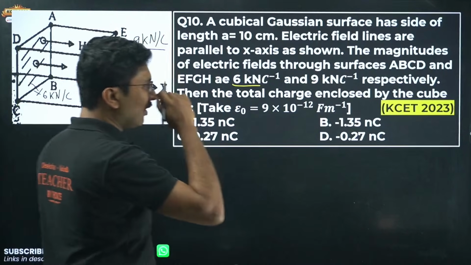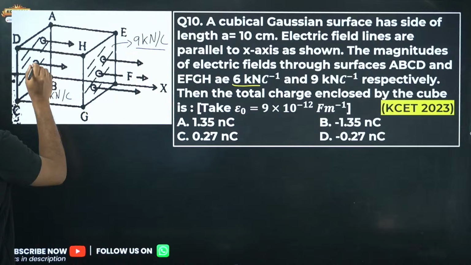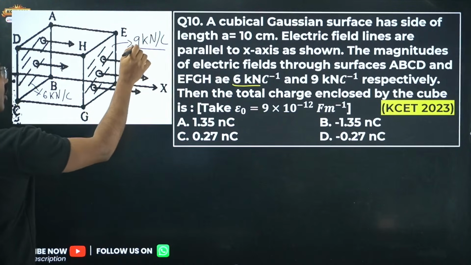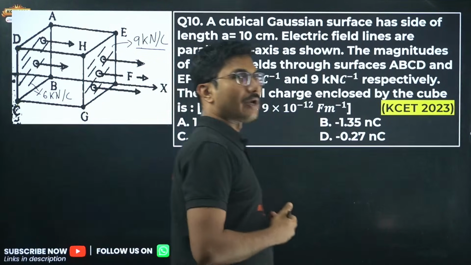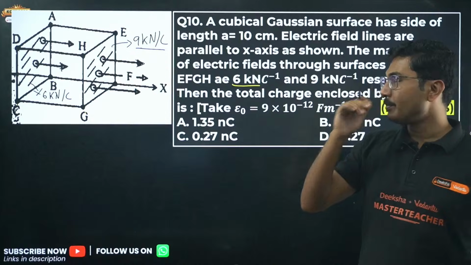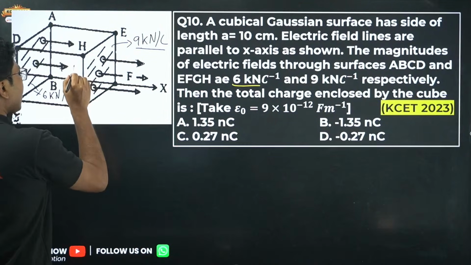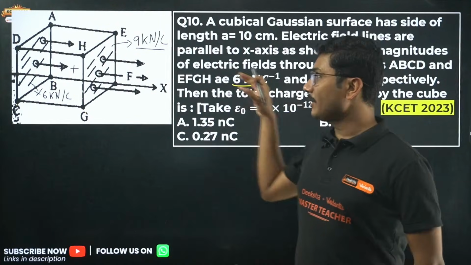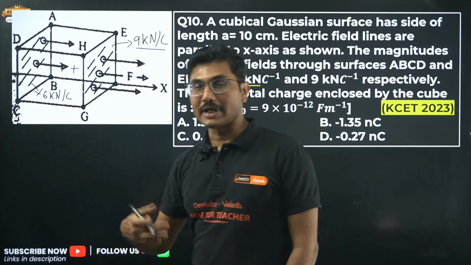The flux is going in this way and coming out this way. So outgoing flux is more than incoming flux. That means the charge inside must be a positive charge. If the incoming flux is more than the outgoing flux, then you can say the charge inside is negative.